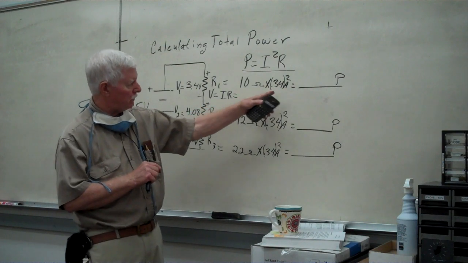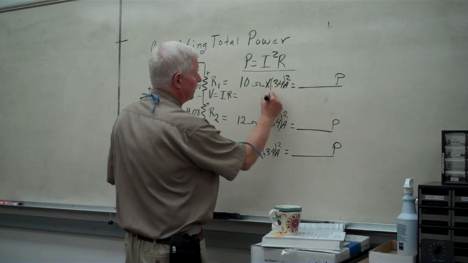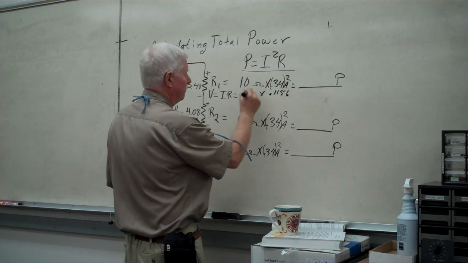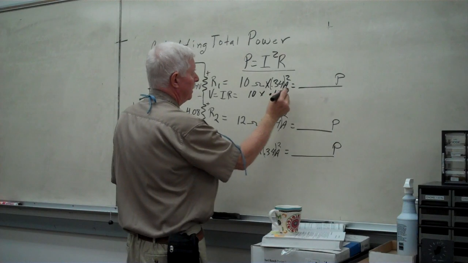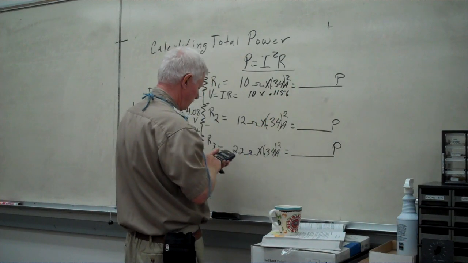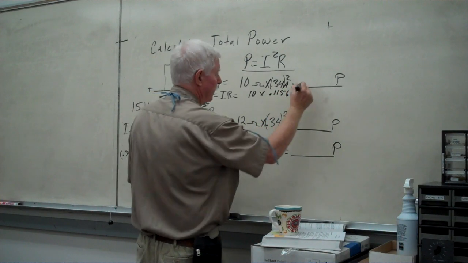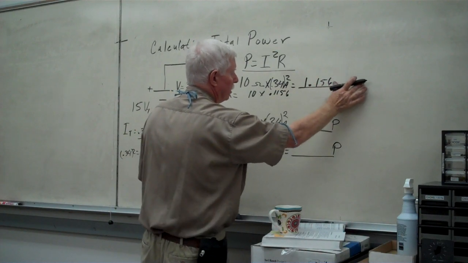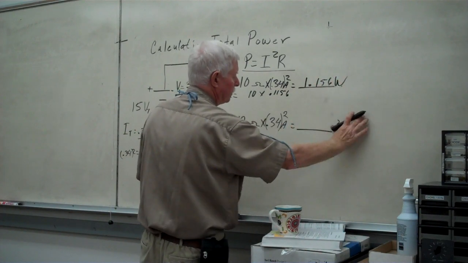When we take this 0.1156 and multiply that times 10, which is our 10 ohm resistor, we should come up with 1.156, and this power is going to be in watts.